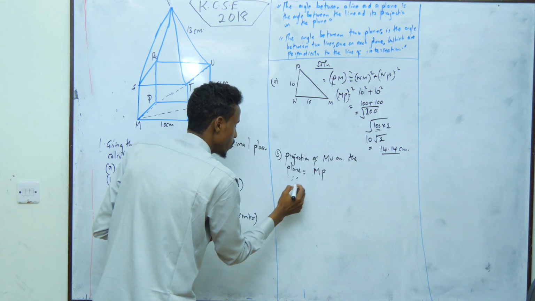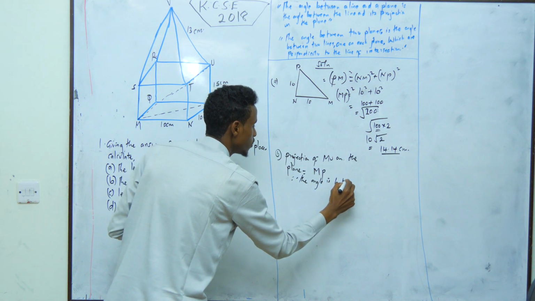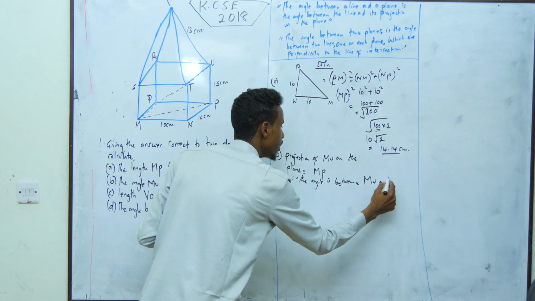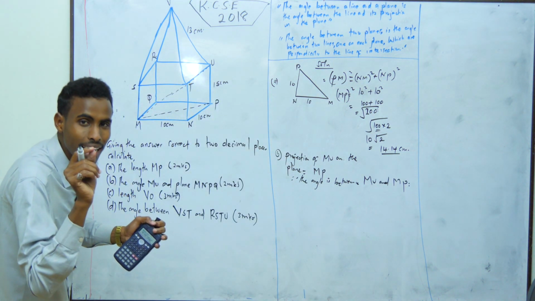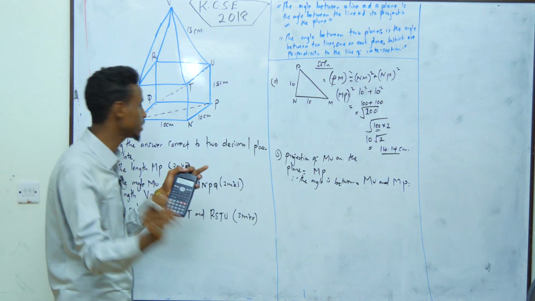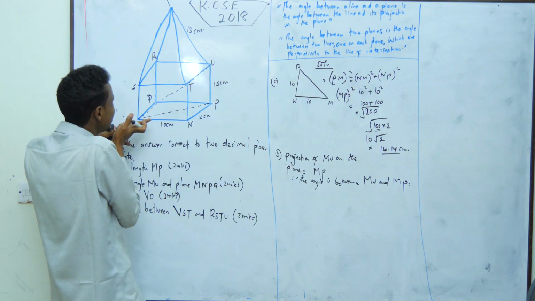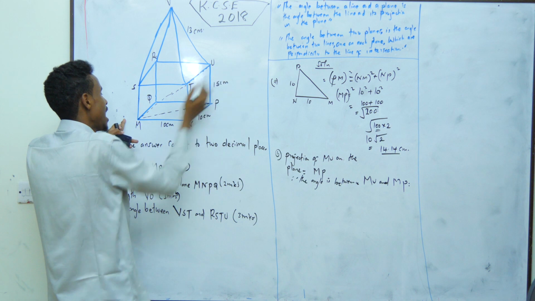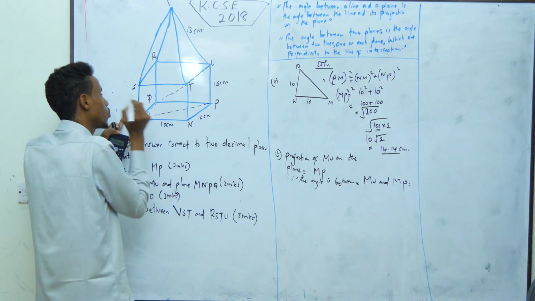Therefore, the angle is between MU and MP, because the angle between a line and a plane is the angle between the line and its projection on the plane. Therefore, our angle is there.